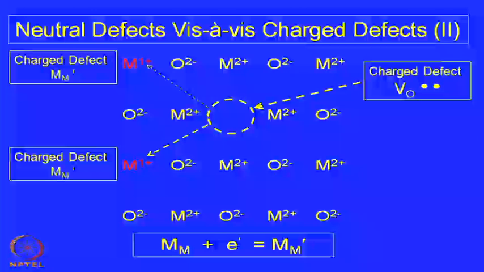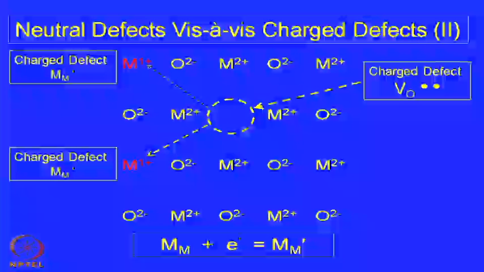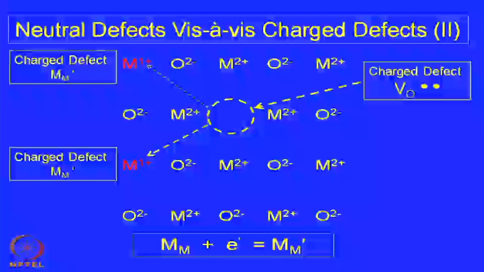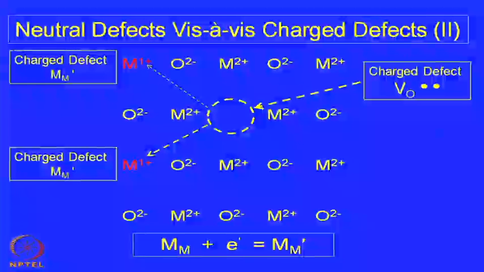So they have a deficiency of one positive charge. So effectively it is a negatively charged species now, in respect of the original lattice. So it has created two different kinds of charge, M at the M site with one negative charge here and another negative charge there.